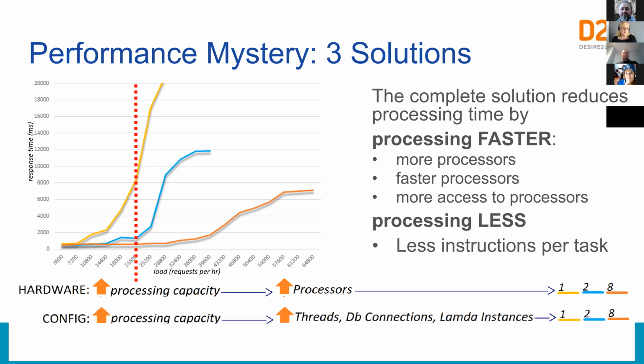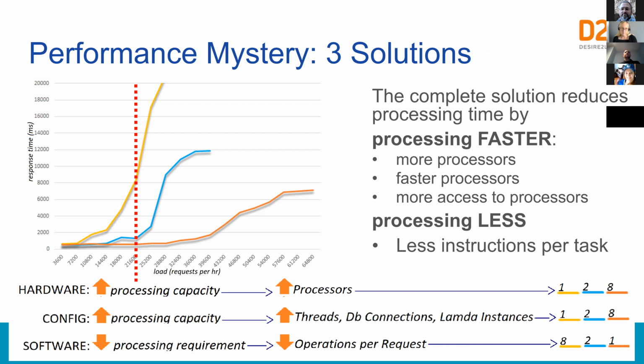The graph, as we've used it so far, is about hardware, but I'm going to reuse it to also illustrate this point. For example, we could also process faster by configuring from 1 to 2 to 8 Lambda instances to process our request.